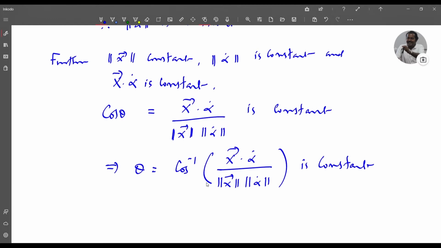Therefore, the angle between X and alpha dot is constant along alpha.